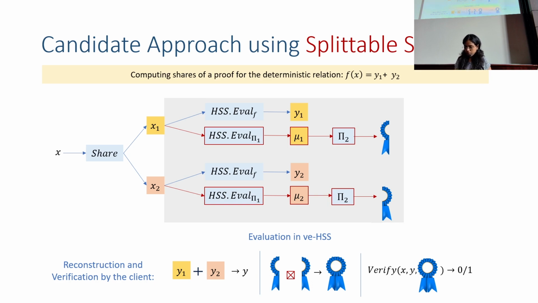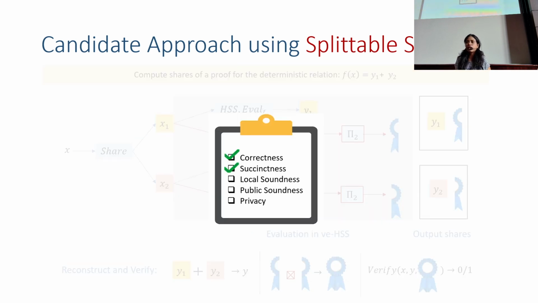Okay, so this is a candidate approach. Let's now see if it satisfies the properties that we required of an HSS scheme that has verifiable evaluation. So it's easy to see that the scheme does satisfy correctness and succinctness. It also satisfies local soundness because the proof that we are attaching, or that we just talked about here, is exactly the guarantee that we wanted in local soundness, which is to ensure that the output that's computed is computed using the initial secret shared input.